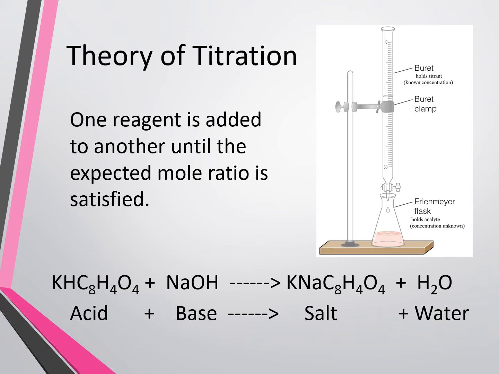So our acid will be in the flask that you can see here in this picture. We have our acid, and then we will be titrating our base, and then we'll figure out what concentration our sodium hydroxide is.